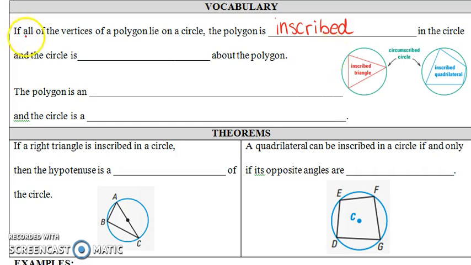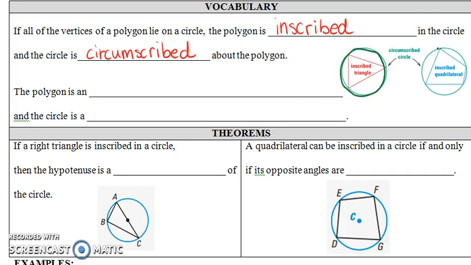So let's keep reading. If all of the vertices of a polygon lie on a circle, the polygon is inscribed in the circle, and the circle is circumscribed about the polygon. So if you look at this diagram over here, the word circumscribed circle is referring to this green circle.